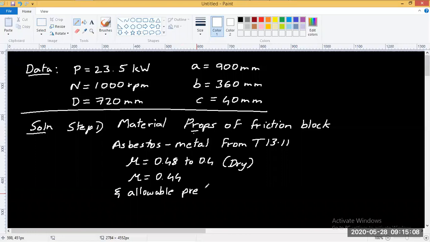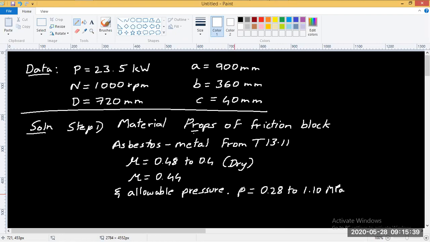Allowable pressure, that is P, is in between 0.28 to 1.10 megapascal, as taken from the table. So let's take halfway between this. Let's choose any value between these two. So getting 0.69, let's take this pressure.